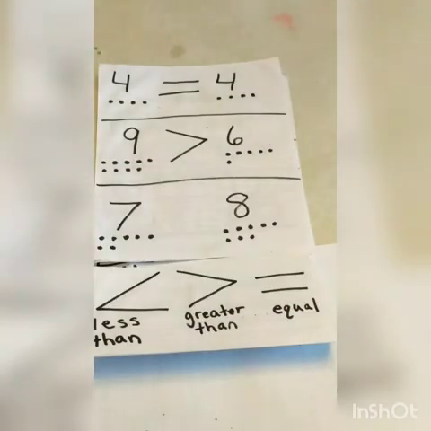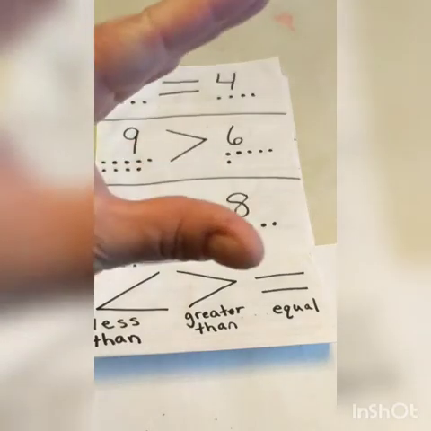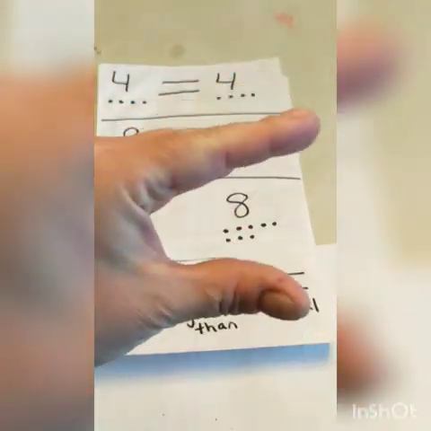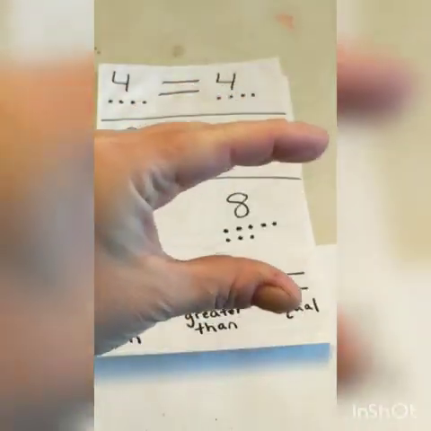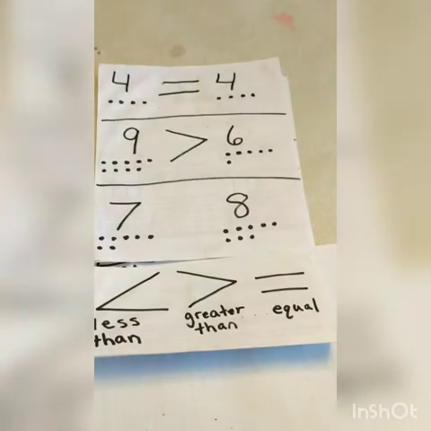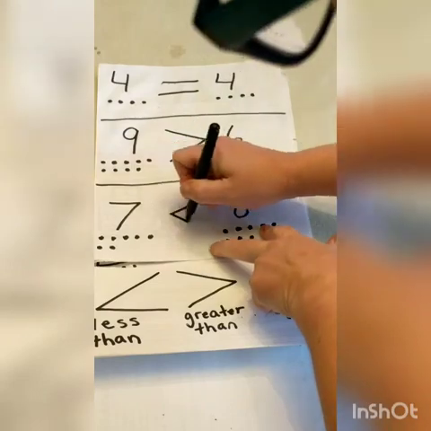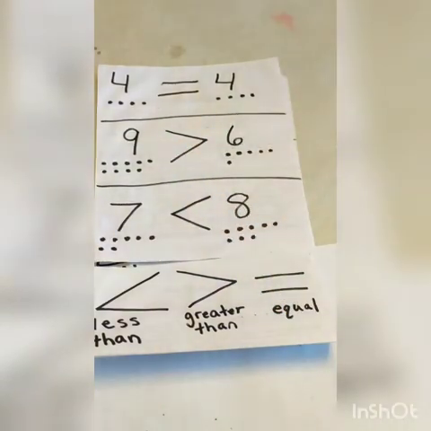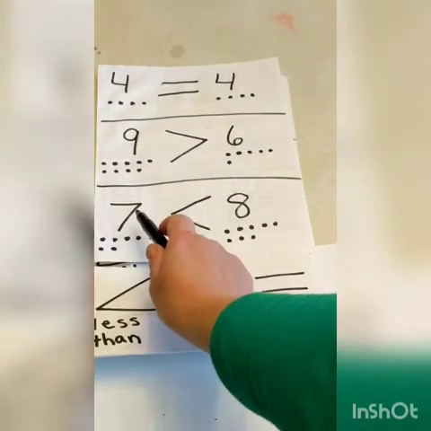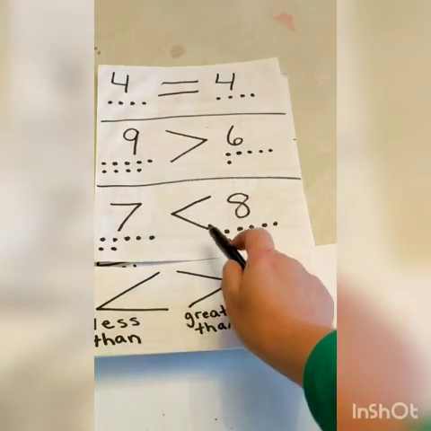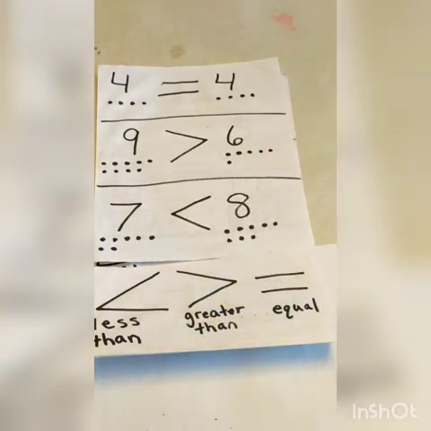If you said 8 is the bigger number, we're going to put that 8 in our mouth, right? And eat it. It's our bigger number. We are going to be using the less than symbol, right? So this is saying that 7 is less than the number 8.